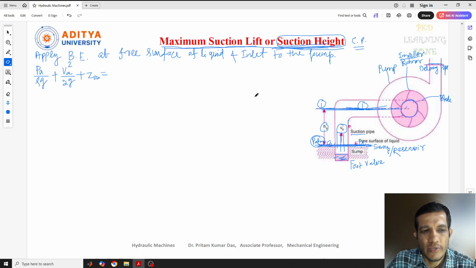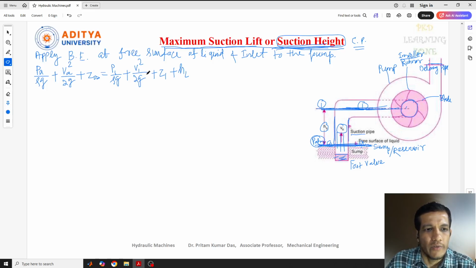This is Bernoulli's equation at this level. Similarly, at this point I can write P1 by rho g plus V1 square by 2g plus Z1. Along with this equation, since the fluid is flowing through a pipe, there will be some losses, so I'll mention the losses HL.